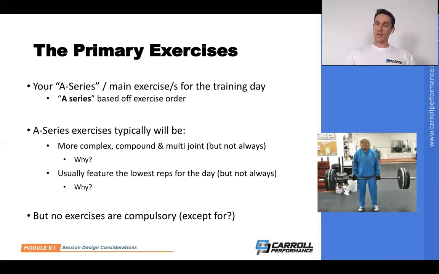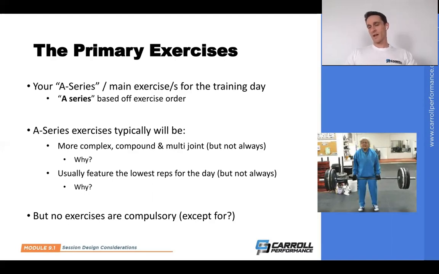And so if you're using more complex multi-joint exercises, especially of the movement type, typically that'll work synergistically with lower to mid reps. And it's easier to do them when you're fresh.